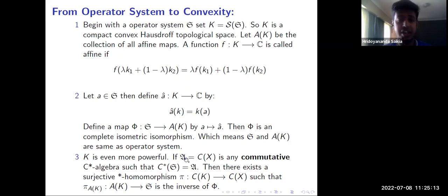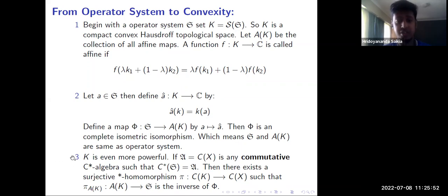So whenever the C-star algebra generated by this operator system is A, that means the whole C-star algebra, then there exists a surjective star homomorphism pi from C(K) to C(X) such that when we restrict the star homomorphism pi on the set of all affine functions A(K), that will be an inverse of this map, capital Phi.